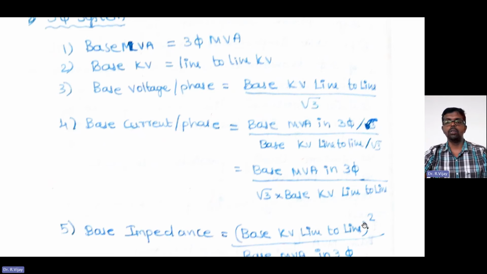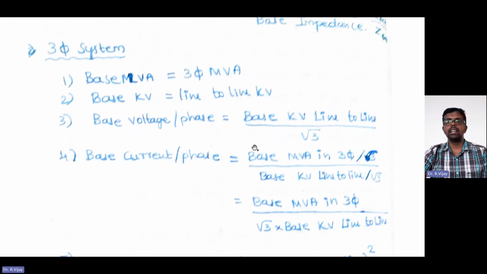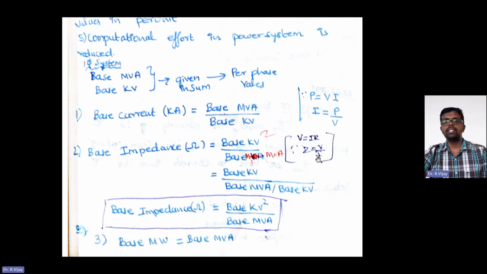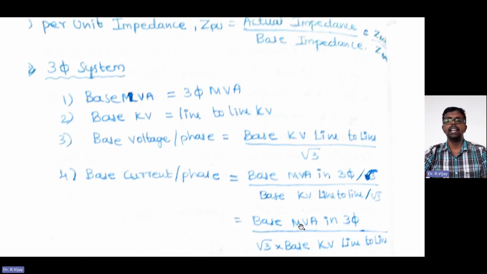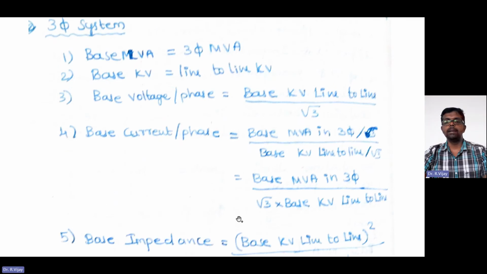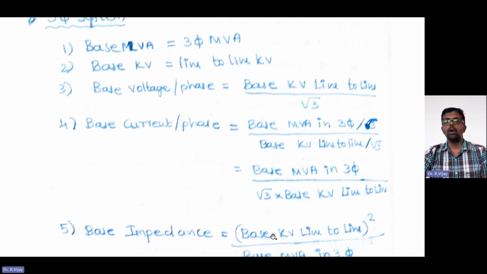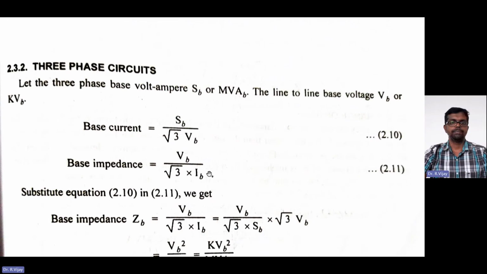Because Z is equal to V by I, so base impedance equal to base kilovolt square divided by base MVA. Similarly here in 3 phase, base impedance equal to base kilovolt line to line, the whole square, divided by base MVA in 3 phase. So this you need to remember for the 3 phase.